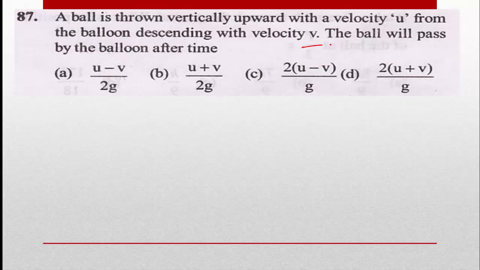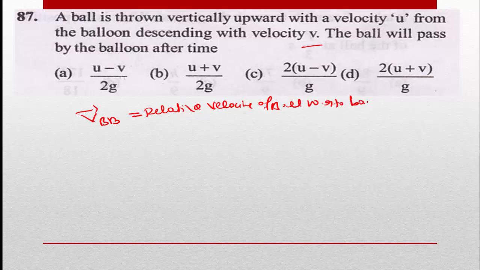The relative velocity of the ball with respect to the balloon is u plus v.